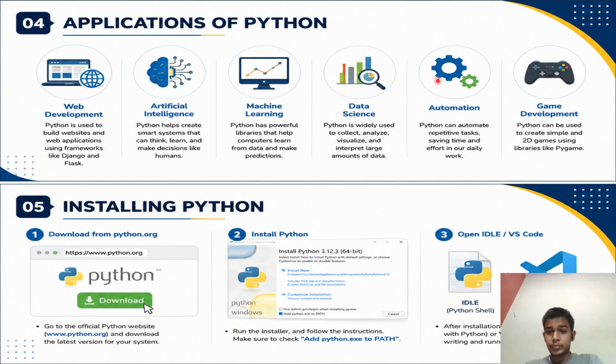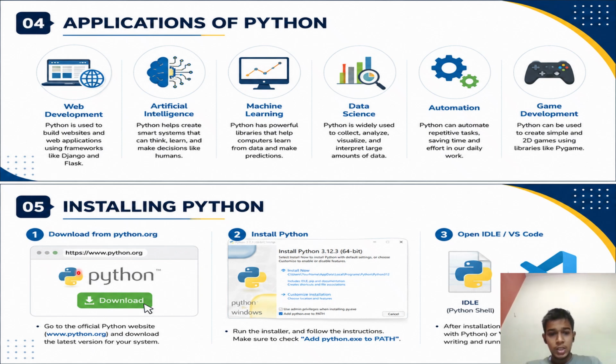Another important application is automation. Python can automate repetitive tasks, which saves both time and effort in our daily work. Finally, Python is used in game development. Python can be used to create simple 2D games using libraries like Pygame. Now, let's come to how to install Python.